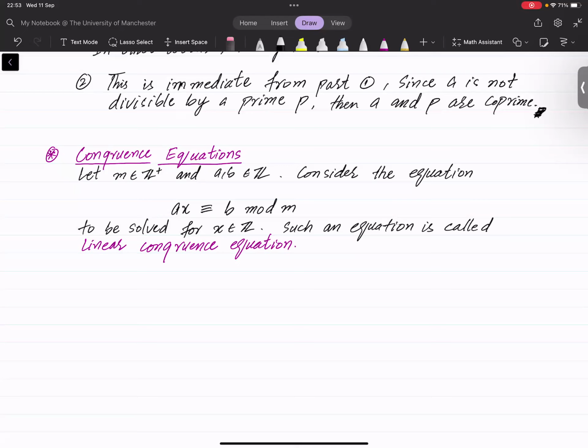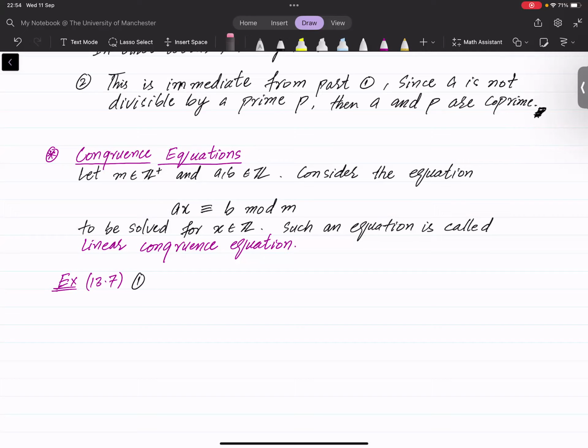When does such an equation have a solution? Let's find out by solving an example. Example 13.7, number 1.